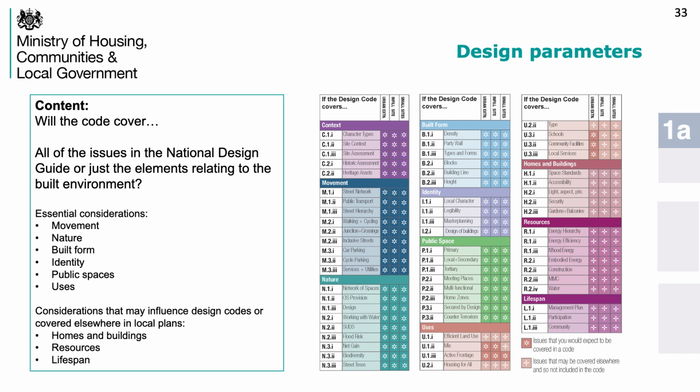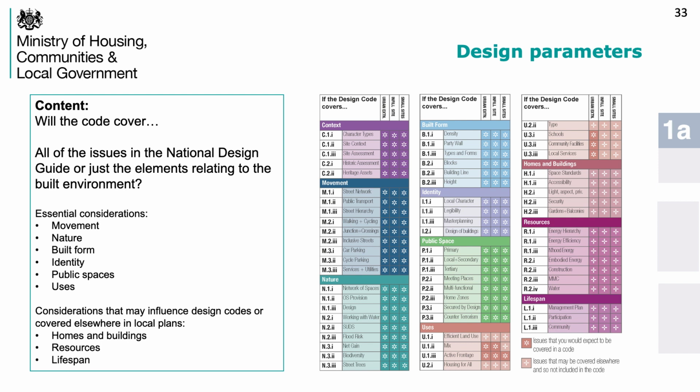We would anticipate that movement, nature, built form, density, public spaces and uses would all be included in the code, but you may not, for example, wish to include anything to do with internal arrangements of homes in terms of housing standards. You may not wish to include sustainability measures or management issues, not because these things are not important, but because they're covered elsewhere in your policy agenda. So the codes may therefore just affect the external appearance and arrangements of new developments.